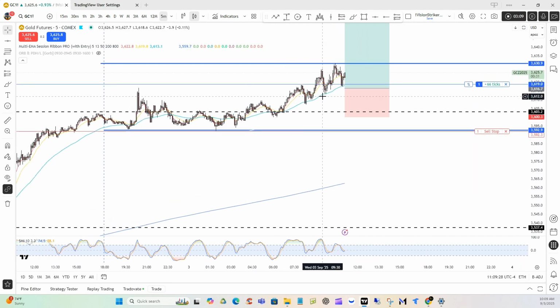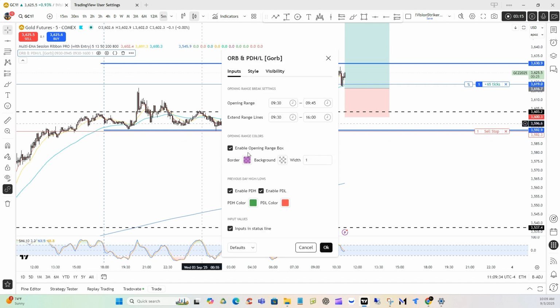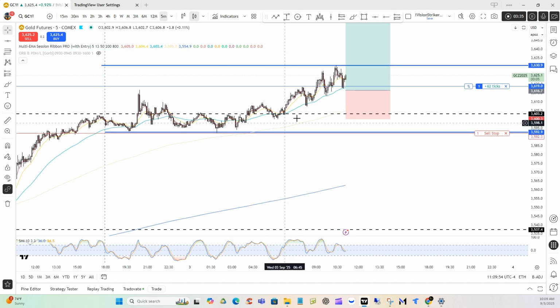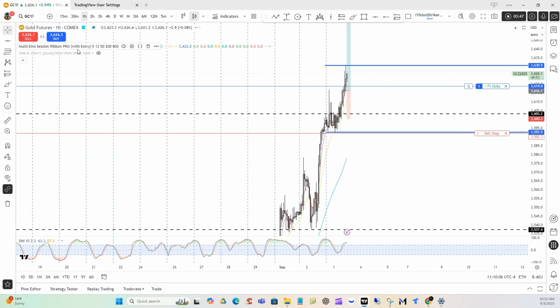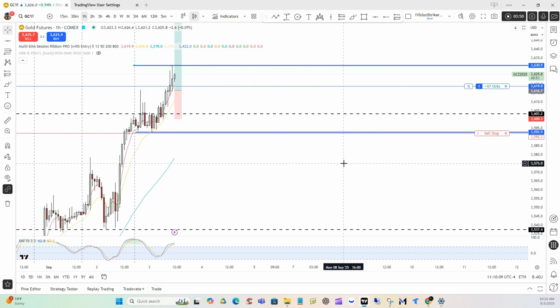That's the 50, which is the aqua, then the 200, which is white. I use these two for direction. So simply put, if the candlesticks, the price action, is above these two EMAs, then we're bullish in the market. If it's beneath, then I'm looking for sells in the actual market. I like to use the 1 hour to give me the overall direction as well.